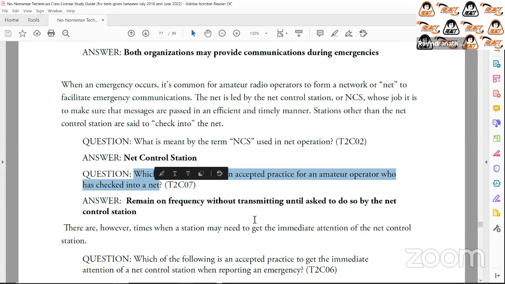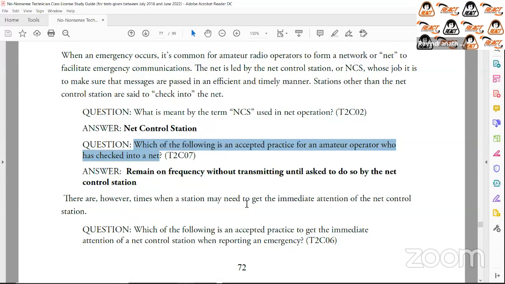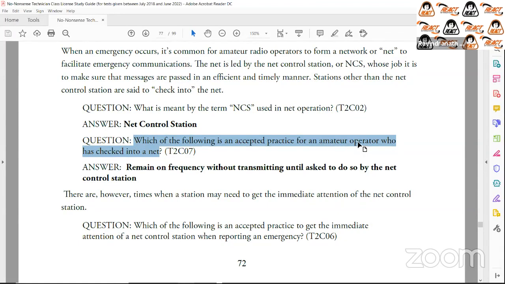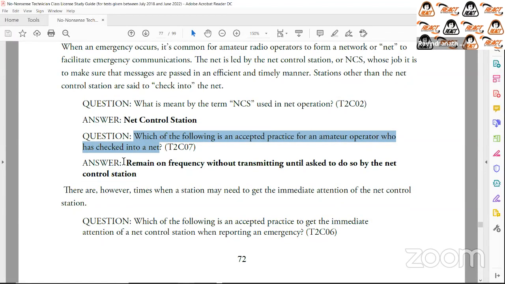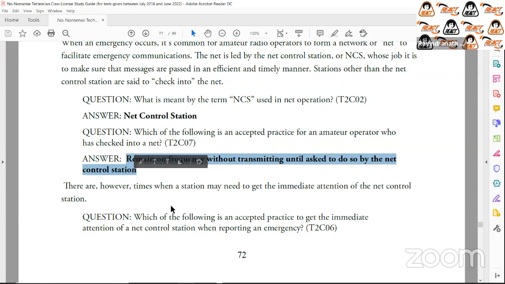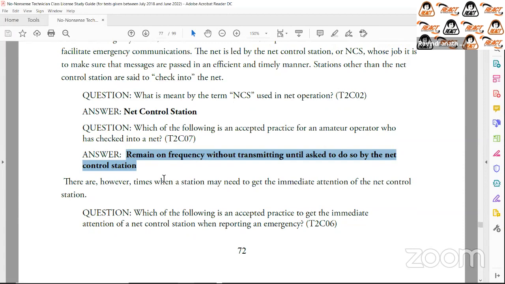Remember we said that's like the chairperson of a meeting? Okay, which of the following is an accepted practice for an amateur operator who has checked into a net? Remain on frequency without transmitting until asked to do so by the net controller. In other words, you stand by.